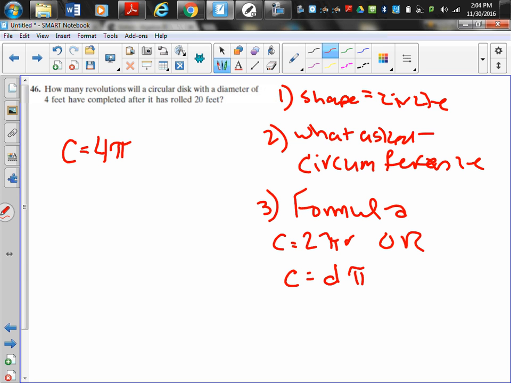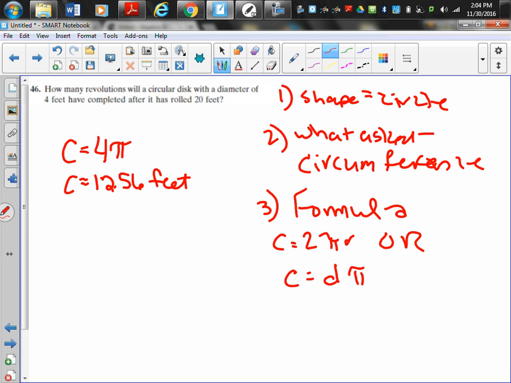How far will it travel when it turns one time? 12.56. So C is about 12.56 feet.